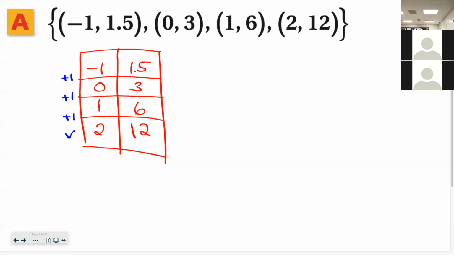Perfect, it's doubling every time. So on your calculator, you're going to take the second number divided by the first. If you take the second number divided by the first, it'll always tell you a multiplier. And after that, it's much easier. So 3 to 6 is double. But you always take the second divided by the first.